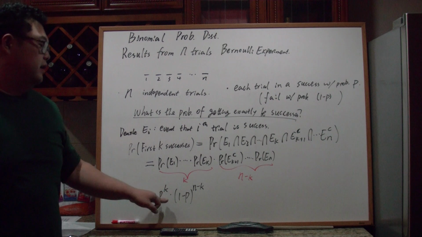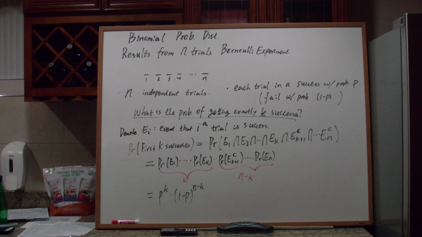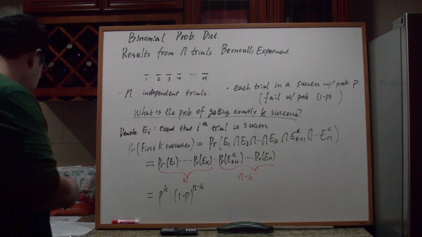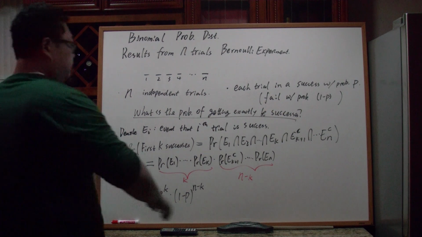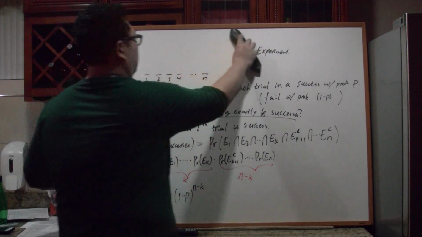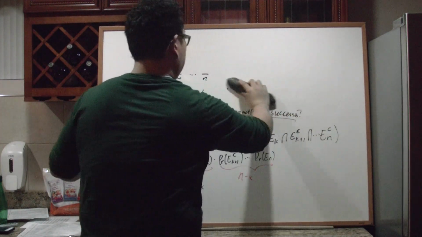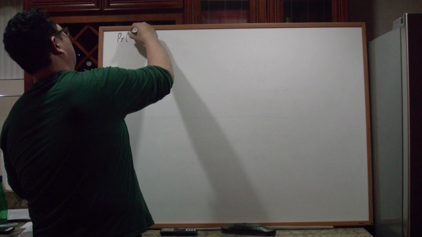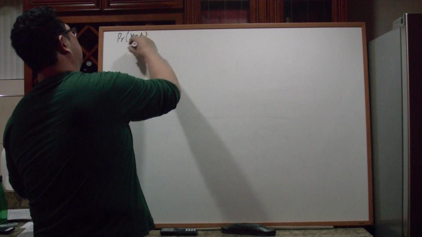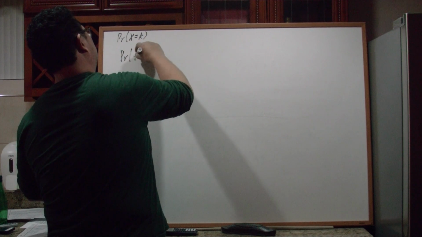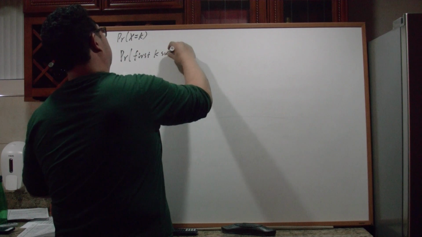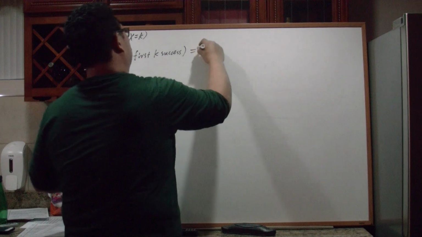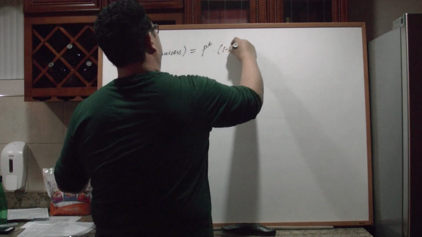So p to the k times 1 minus p to the n minus k is the probability of these successes and failures. We want the probability of k successes. Right, then we figure out the probability of the first k successes is p to the k times 1 minus p to the n minus k.